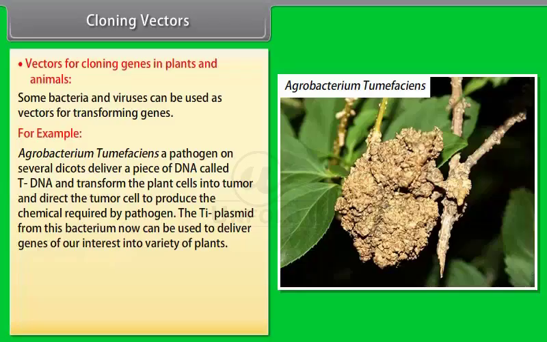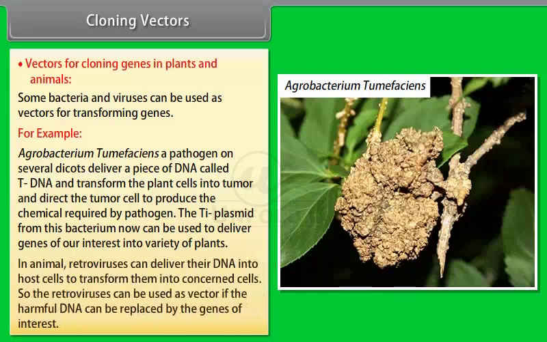The Ti plasmid from this bacterium can now be used to deliver genes of our interest into a variety of plants. In animals, retroviruses can deliver their DNA into host cells to transform them into the concerned cells. So, retroviruses can be used as vectors if the harmful DNA is replaced by the genes of interest.